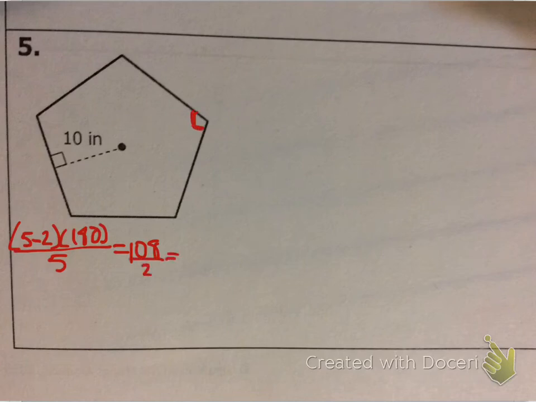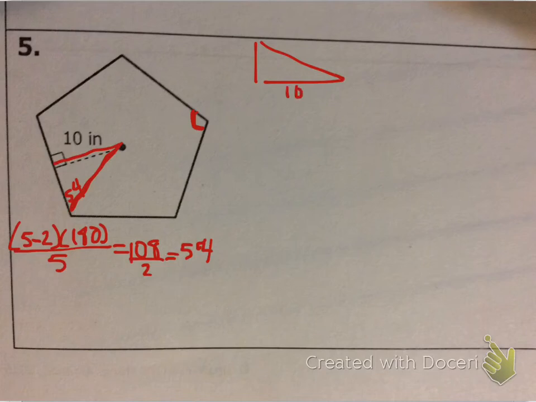Divide that by 2, you get 54 degrees. So if I draw a little triangle like this, that means this is 54 degrees right here. Okay, so if you look at that triangle, I'll draw that here. And I'll put here 54. Here's 10. Here's 54 degrees.